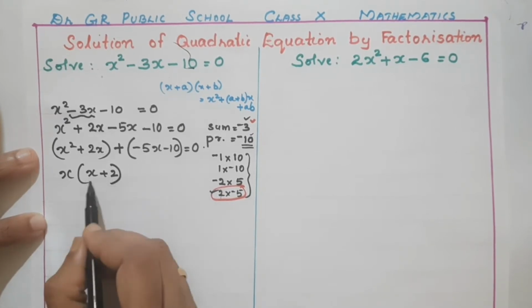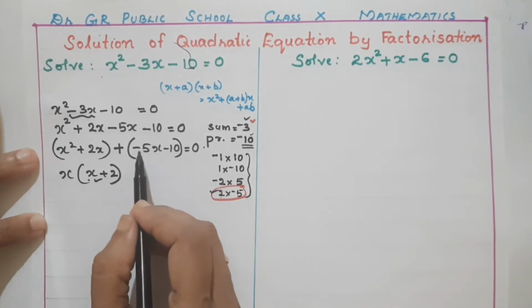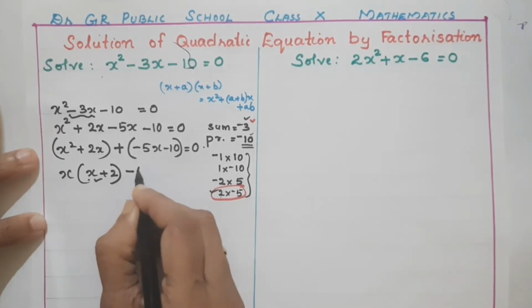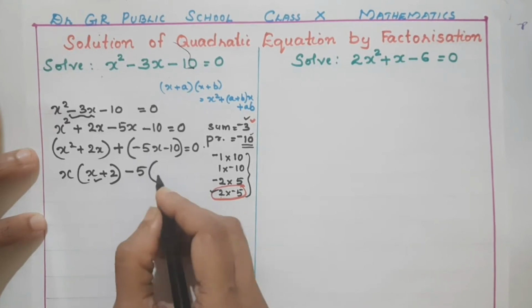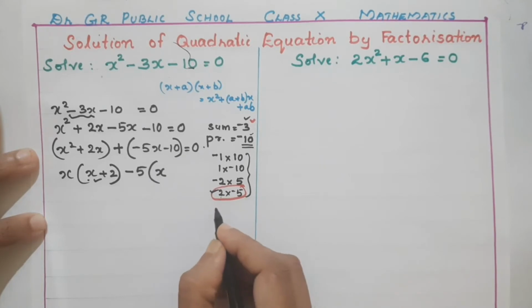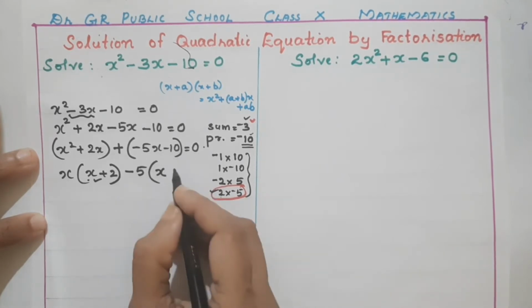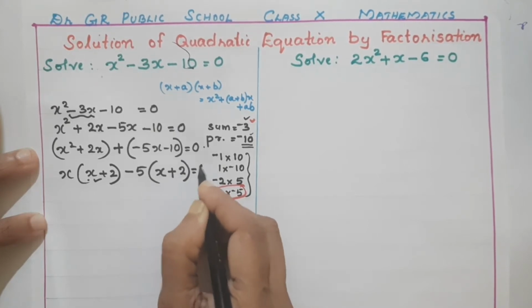But inside the bracket we need the same expression. So we have to take minus 5 outside. So when we take minus 5 outside, here remaining x and minus 10 by minus 5, minus plus 10 by 5 is 2, equal to 0.